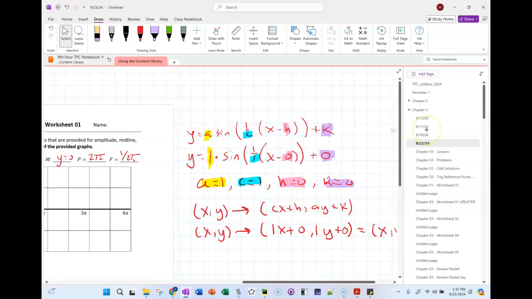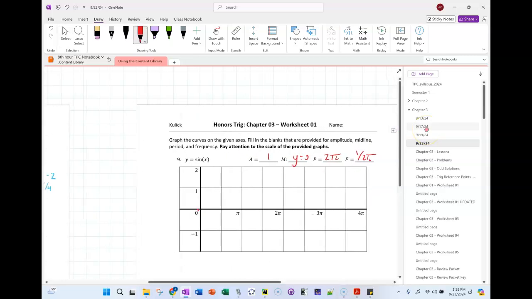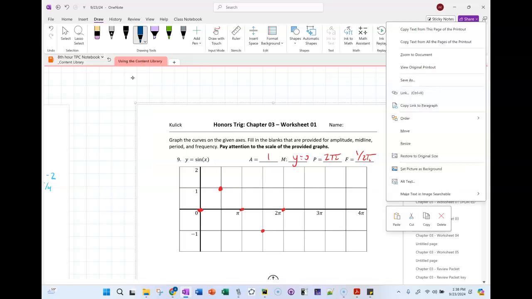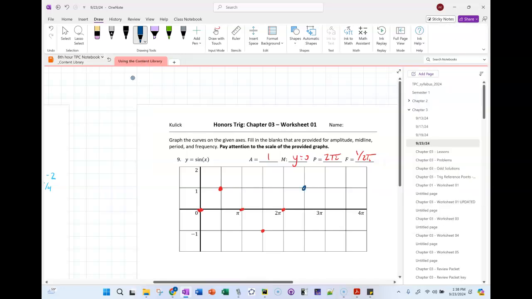So just using those, I have 0, 0, pi over 2, 1, pi, 0, 3 pi over 2, negative 1, 2 pi, 0. And then I'm just going to keep following the pattern there. So I go up and then back down, down, up. And then if I was doing this one, I'd be going down again to there. And then I just need to connect my points.